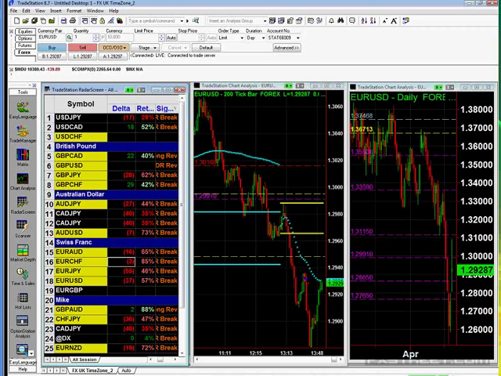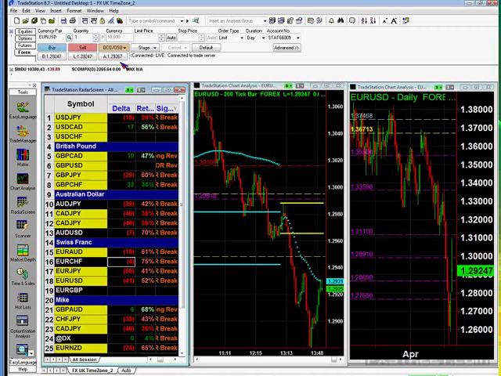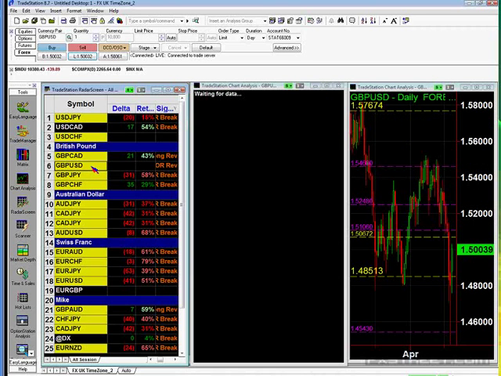And we can identify the size that's being traded on the long side or based on the bid or the ask. The pound dollar came back inside, came back all the way.